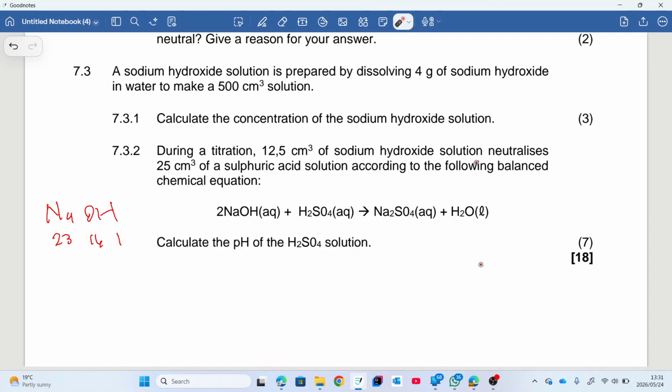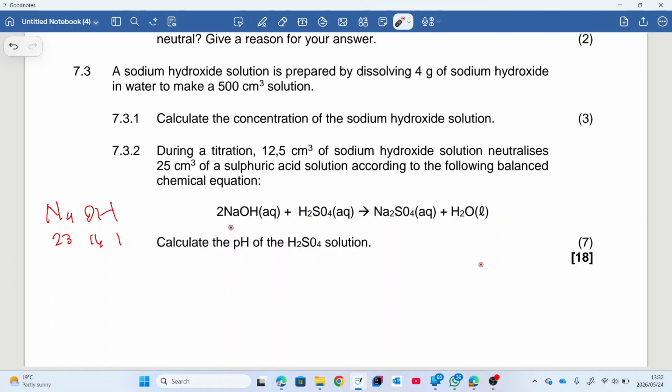Now, sodium hydroxide solution neutralizes the 25 cubic centimeters of sulfuric acid solution according to the following balanced chemical equation, very important. So 2 moles of sodium hydroxide reacts with 1 mole of sulfuric acid, which gives us 1 mole of sodium sulfate plus water.